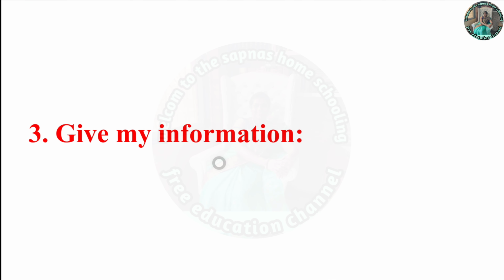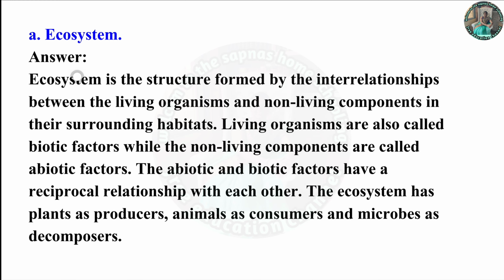Ecosystem. An ecosystem is the structure formed by the interrelationships between the living organisms and non-living components in their surrounding habitats. Living organisms are also called biotic factors, while the non-living components are called abiotic factors. The abiotic and biotic factors have a reciprocal relationship with each other.